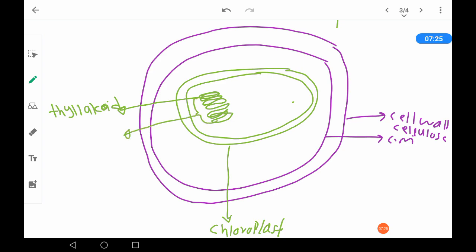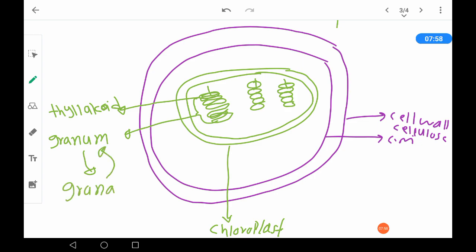All the thylakoids together we call a granum. Inside a chloroplast we have many of these grana, which is the plural of granum.